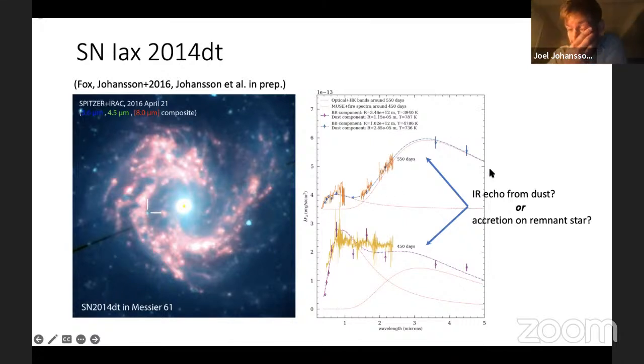And the question is, is it a dust echo, or are we seeing a wind from this remnant star? These are things that we're hoping to be able to observe in more detail with the Webb.